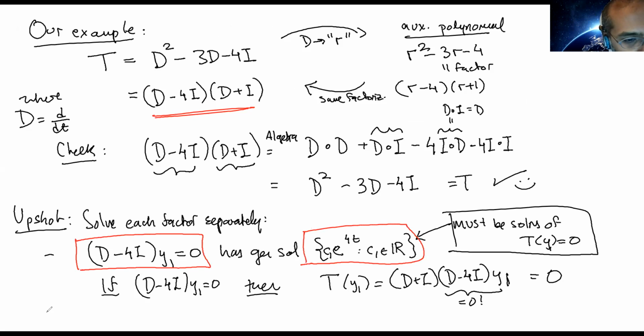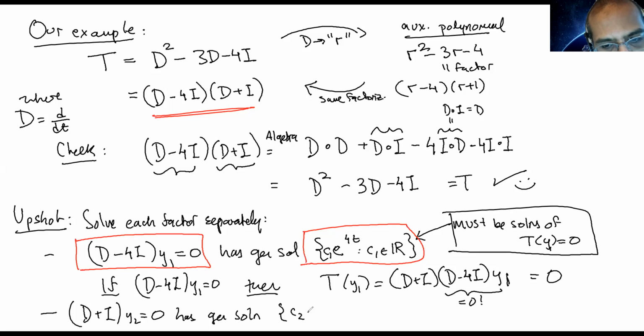Similarly, (d plus I) y2 equals 0 has general solution c2 e to the minus t, where c2 is in R. And then all of these must satisfy T of y2.